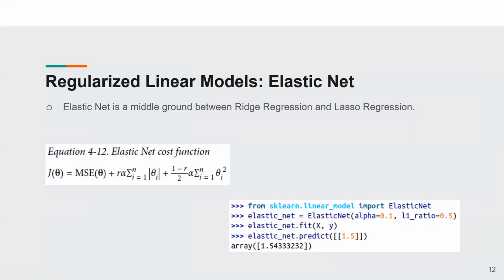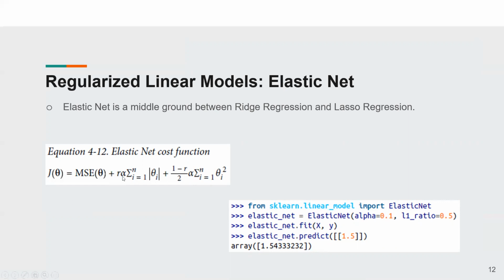Now, once we put those two together, this is something new. We call it elastic net. We put them together, we have both terms, and we add an r here. r is essentially trying to adjust how much emphasis you want to put on ridge or Lasso.